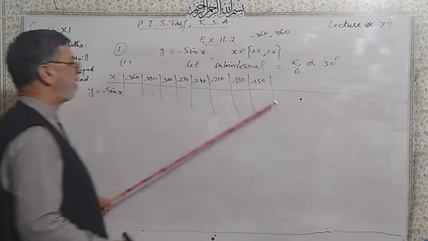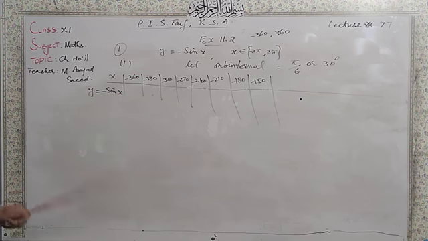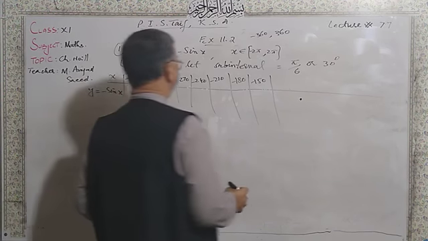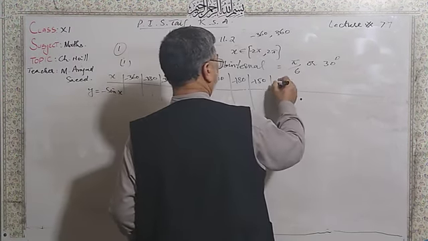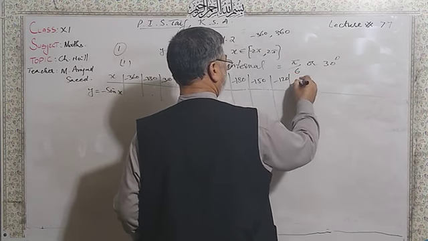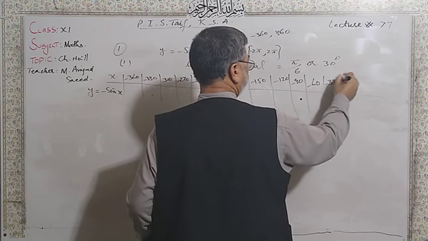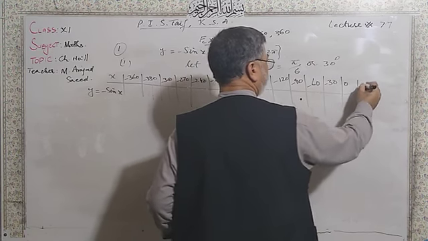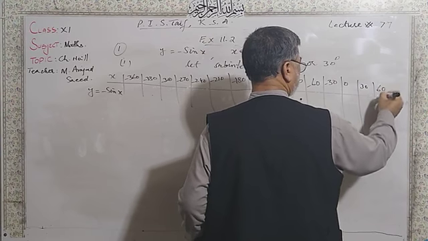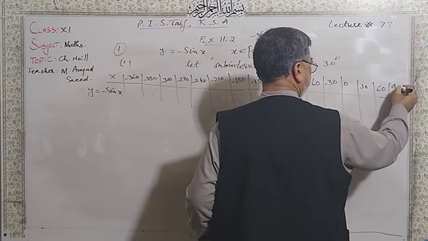Actually, gap between the different angle values is 30. Minus 120, minus 90, minus 60, minus 30 and 0. Then plus 30, plus 60, plus 90.